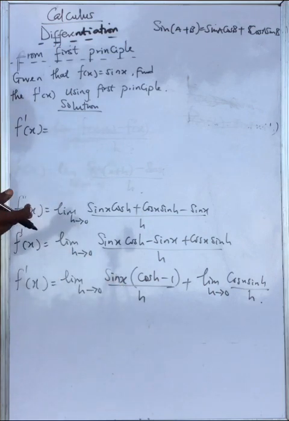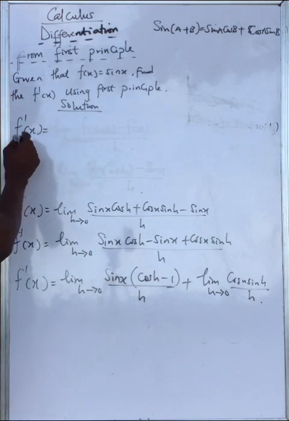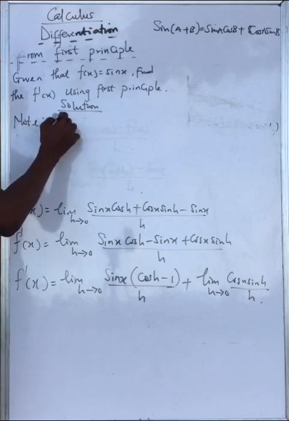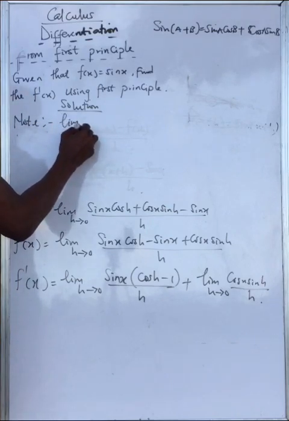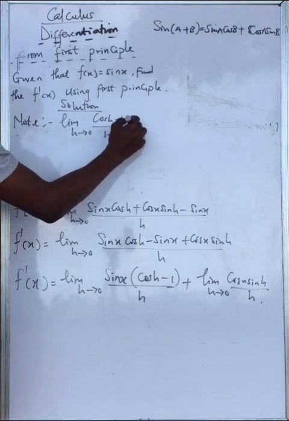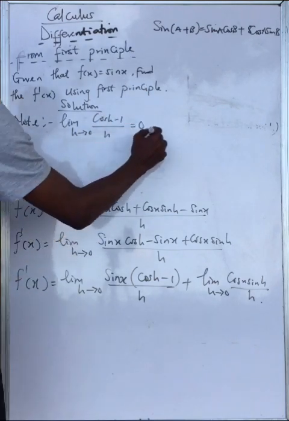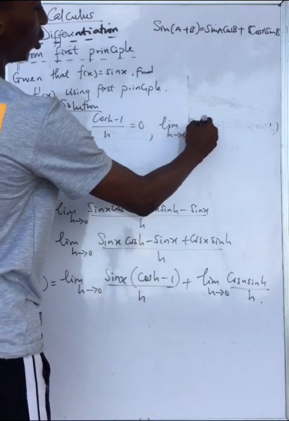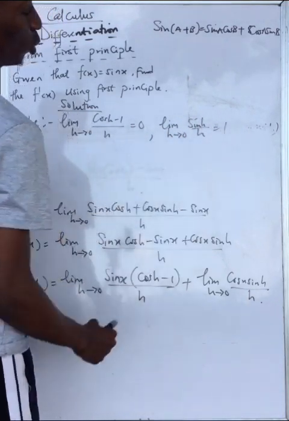So one of the rules I'm going to show you now, take note that the limit of h tends to 0 of cos of h minus 1 over h is equal to 0. Likewise, the limit of h tends to 0 of sine of h over h is equal to 1.